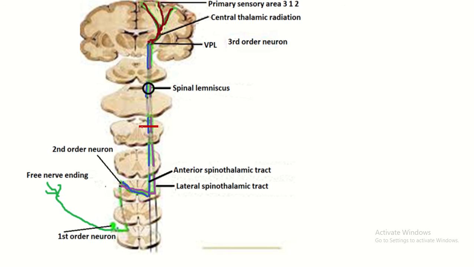What happens with a lesion in the lateral spinothalamic tract? If this axon is cut here, what happens? The sensation of the opposite side cannot reach the brain, so the lesion effect is always contralateral.